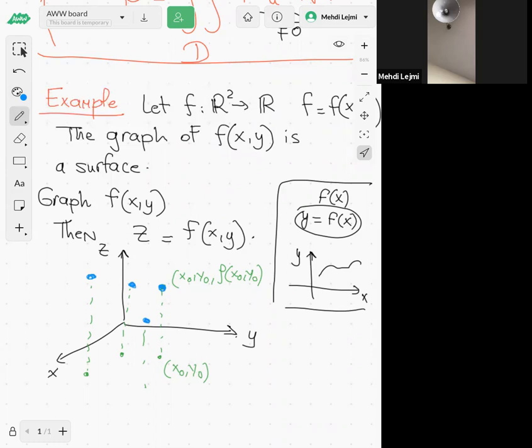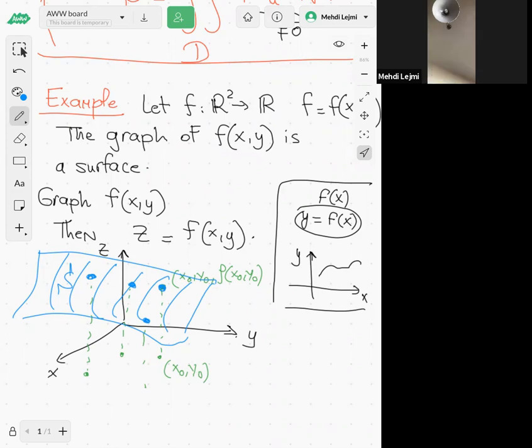And so the set of the images will be some surface S. So in other words, it's like twisting the XY plane using this function f. The image of the XY plane by the function f would be some twisted plane in some sense, and that would be a surface.